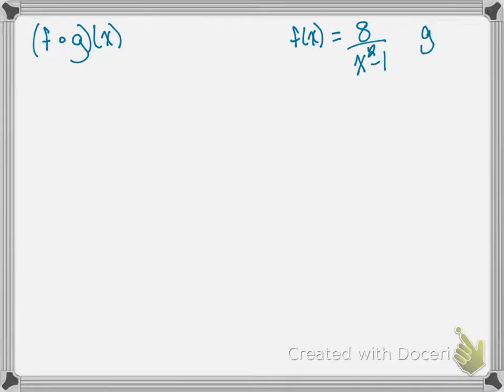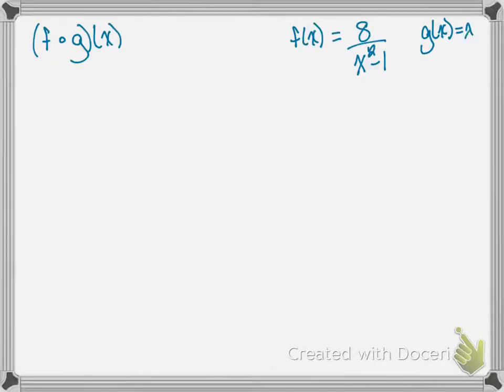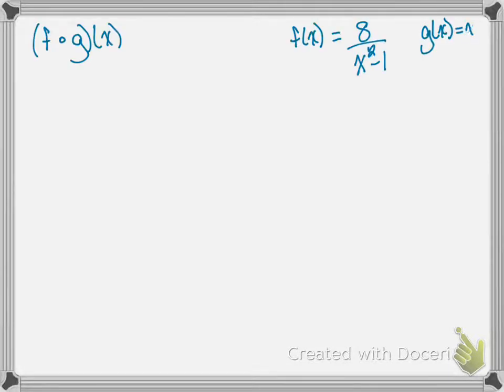And g of x is x plus 1. So our first one is f composed of g.